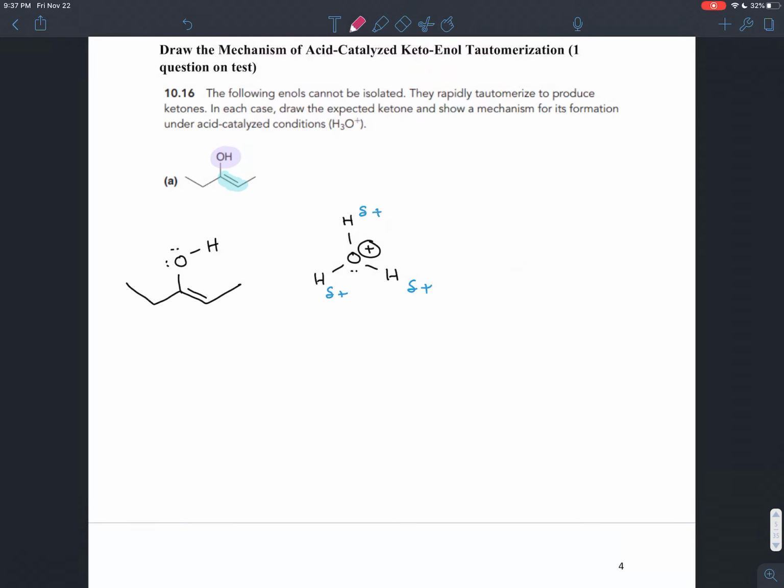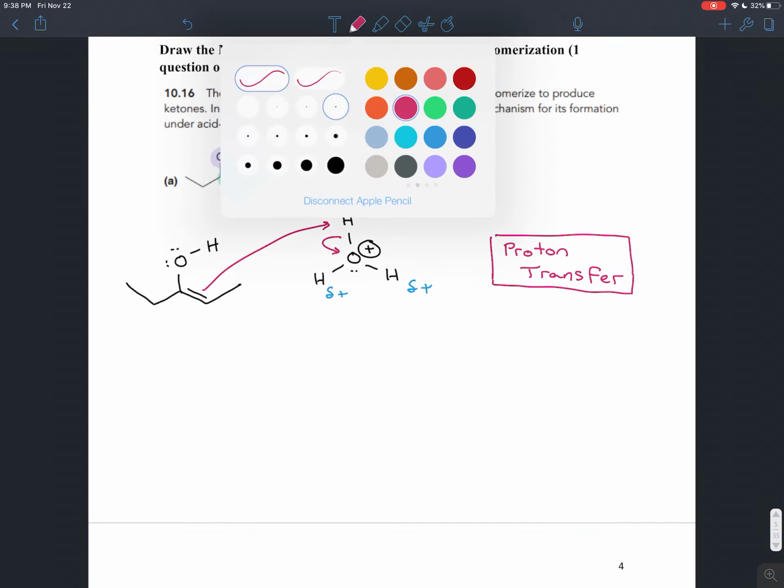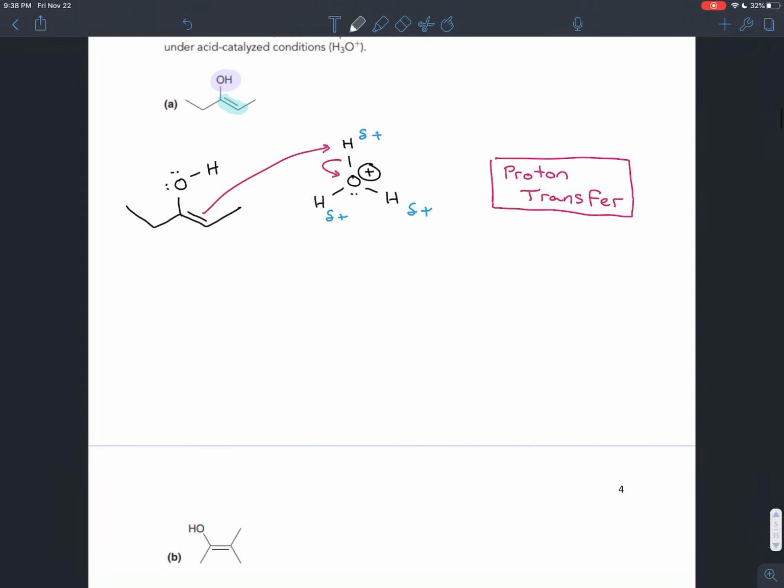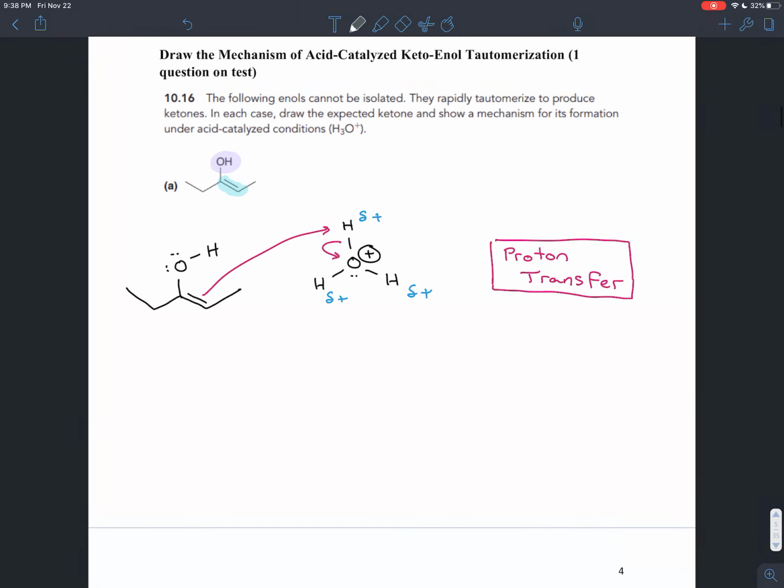So when these come into contact with each other, the electrons in this nucleophilic pi bond attack the hydrogens, and they snap back onto the oxygen to stabilize the positive charge. Notice that what's happening here is a proton transfer, the same exact thing as the first step in acid-catalyzed hydration that we learned in the alkene chapter.